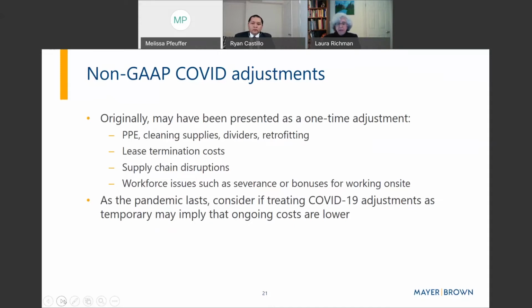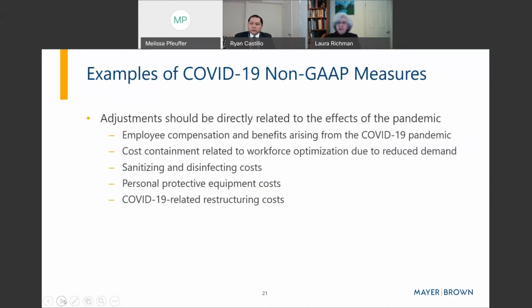Slide 22, please. I wanted to just give some examples of what might be a COVID-19 non-GAAP measure. You might have an adjustment for changes to employee compensation, whether that be hazard pay or severance pay, or any kind of cost containment efforts because you've reduced the workforce. You may have sanitizing and disinfecting costs, so maybe that is becoming recurring.